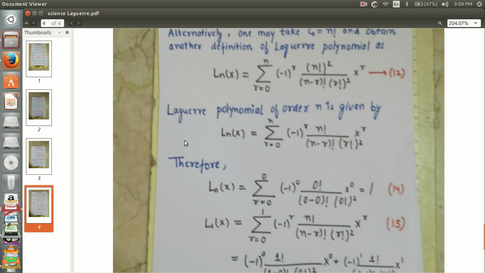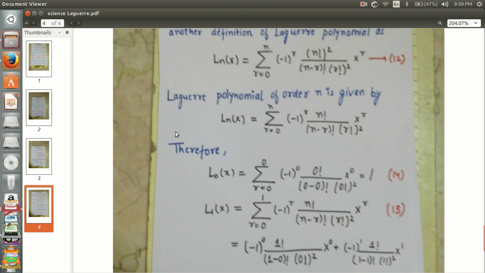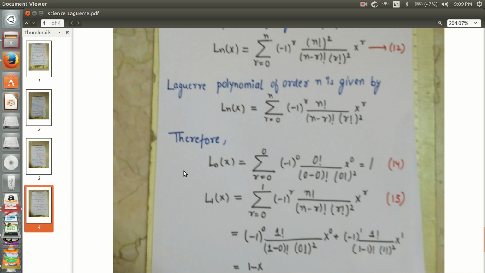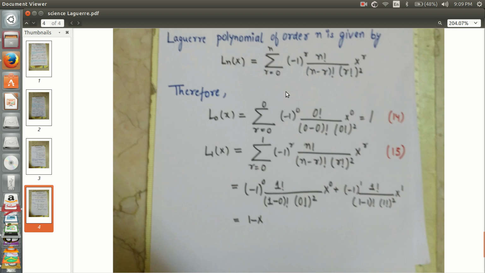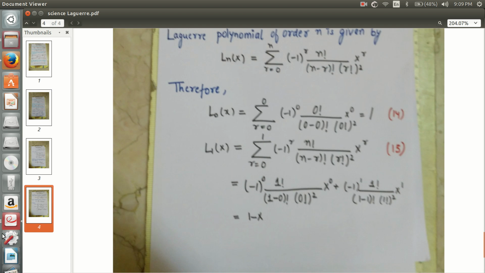So the Lagrange polynomial of order n is given by this equation, and we can find the other values by putting n equals 0, n equals 1 and so on. So here we end our discussion on Lagrange polynomial.